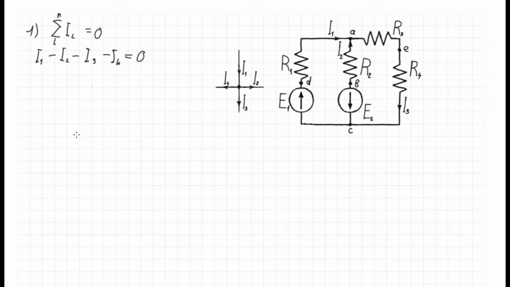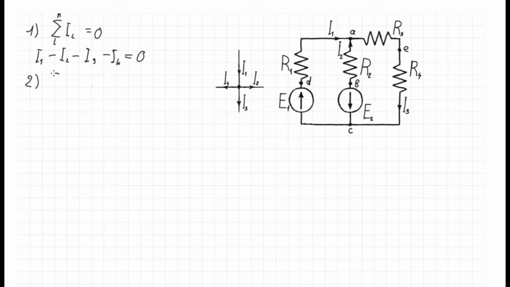And for the next picture, the second rule, second law of Kirchhoff for circuits, voiced: the sum of potential differences or voltages around a closed loop is 0.